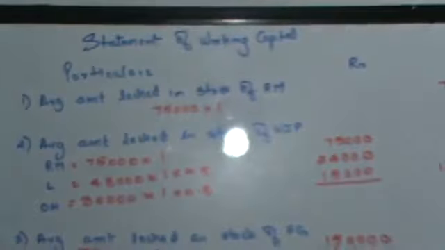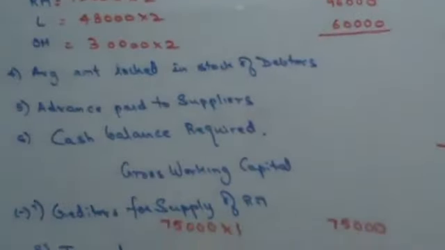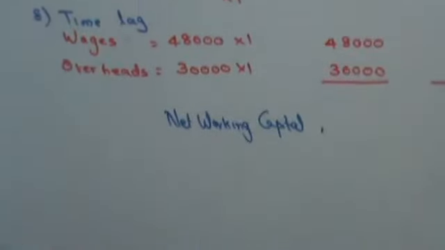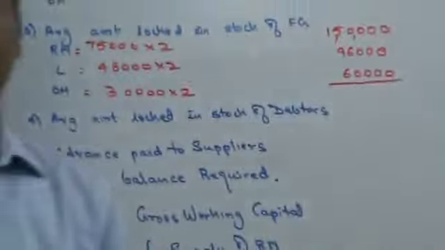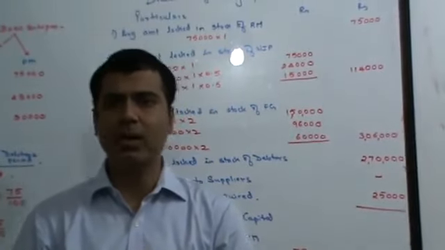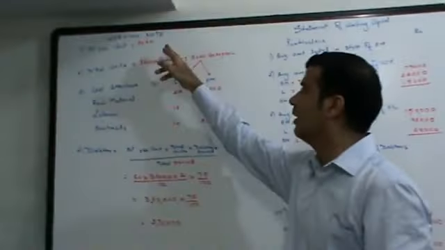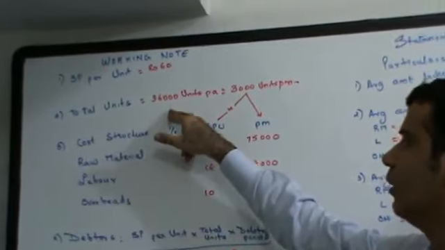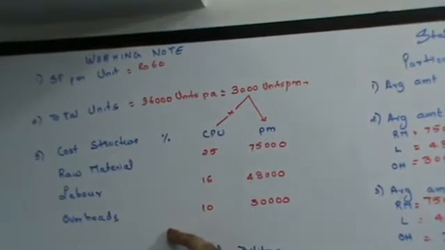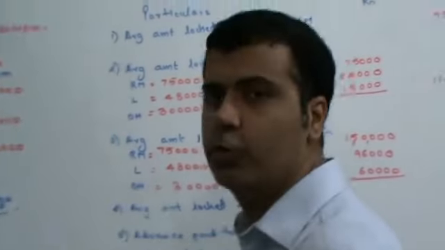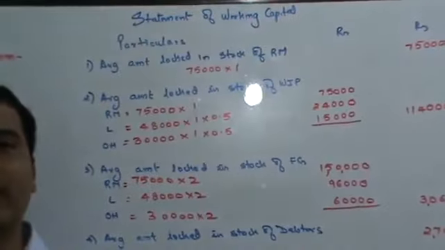On the right side of the page, write the format of working capital. Now, once you have done this, read your sum and get your working note clear as to the selling price per unit, total units and cost structure. Then go on reading the adjustments and go on posting your entries. You will automatically get the sum.